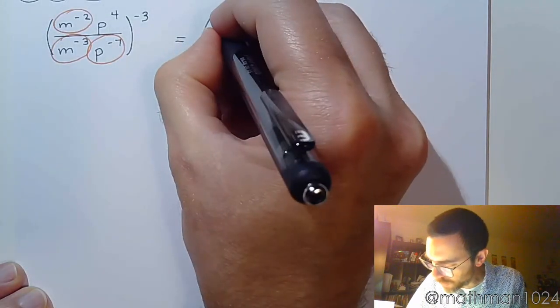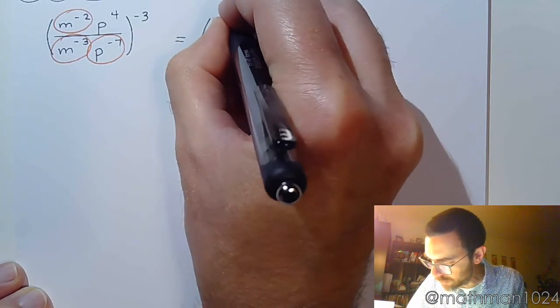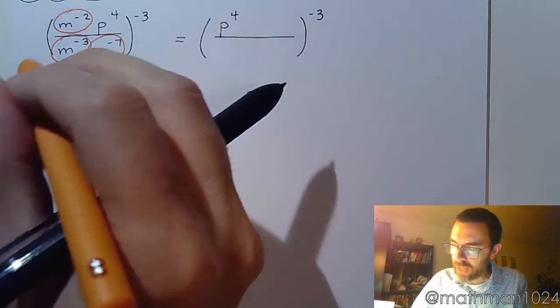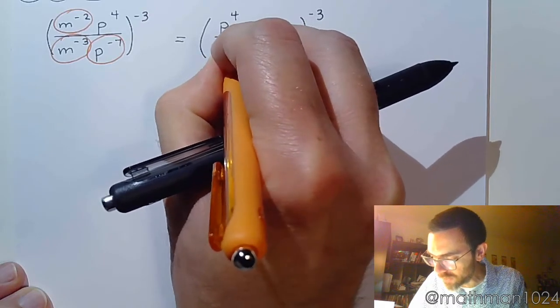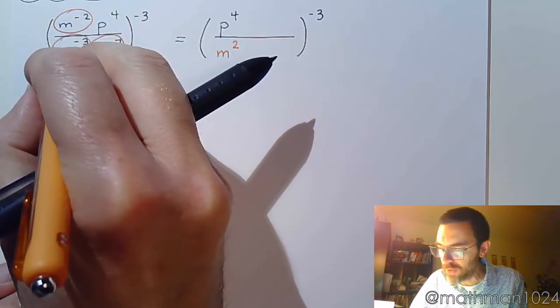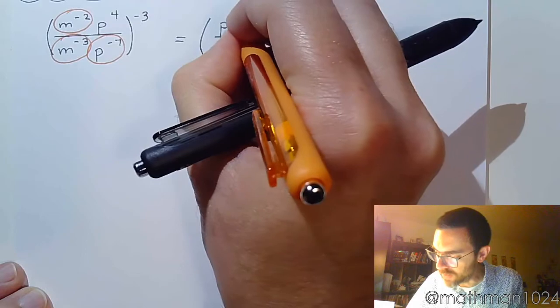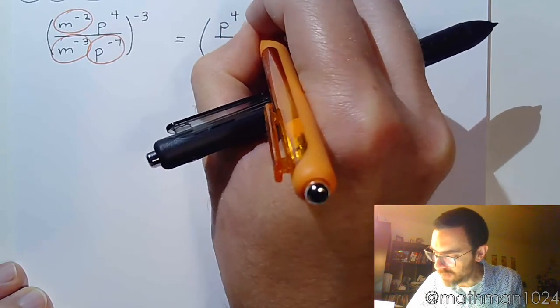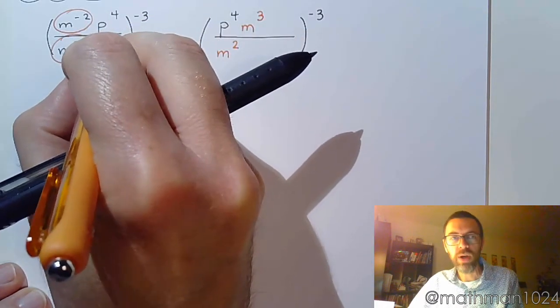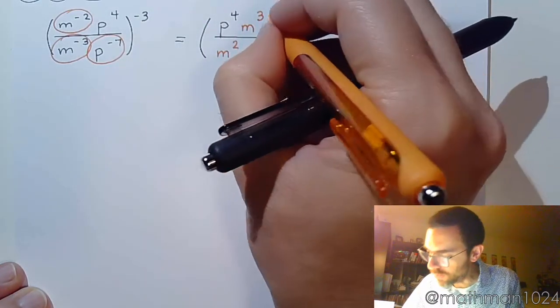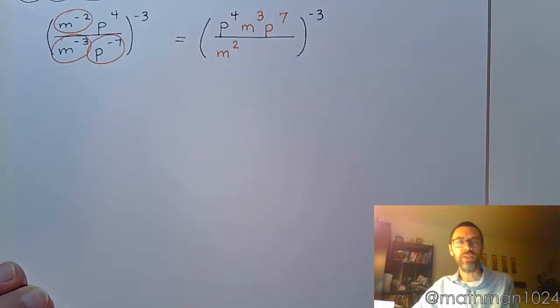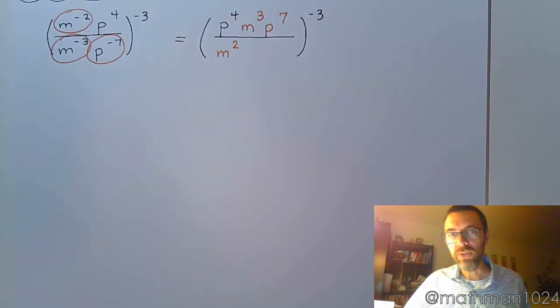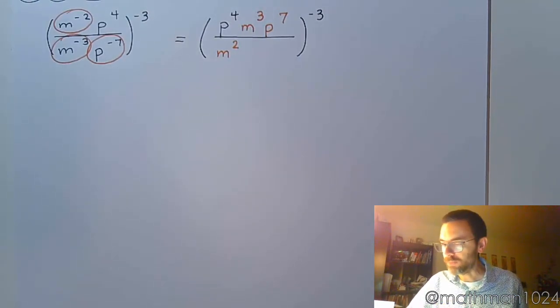So p to the 4th is still up here. m to the negative second goes into the denominator, so that's m to the positive second now. m to the negative third goes into the numerator, so that's m to the positive third. This guy was in the denominator, now he goes in the numerator, so that's p to the positive seventh. So we just rewrite everything so we just have positive powers.